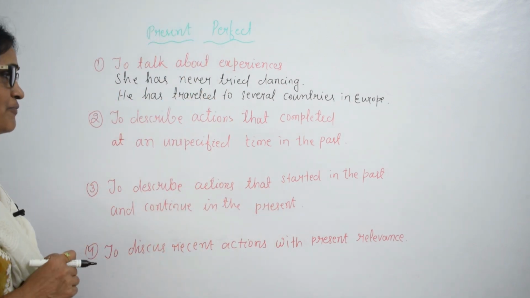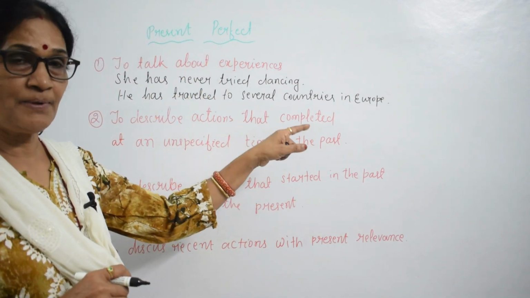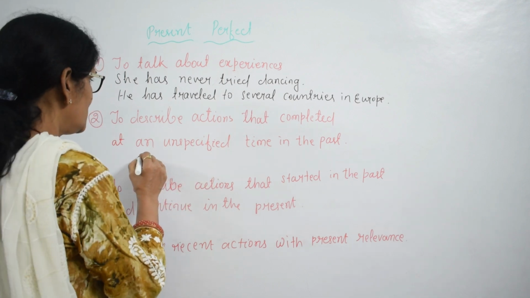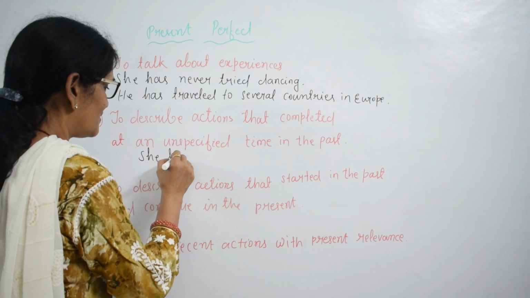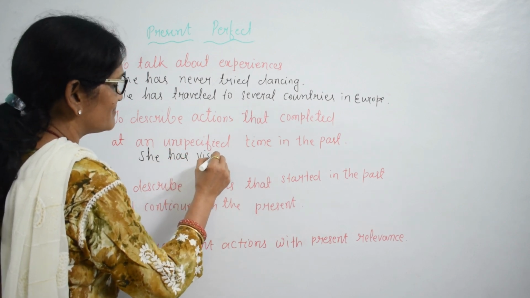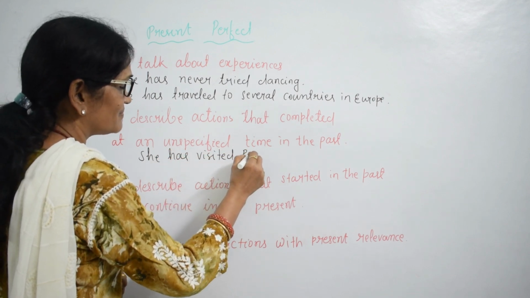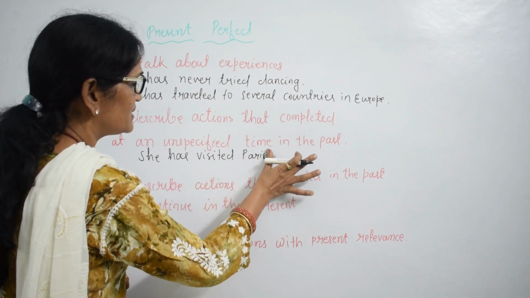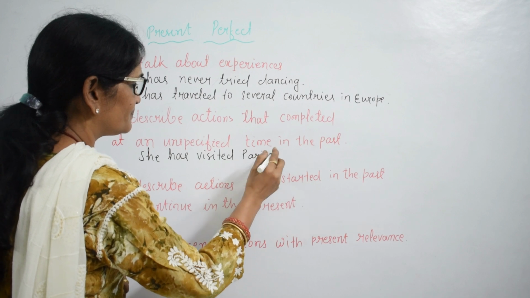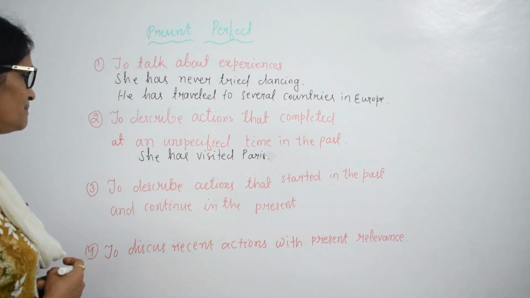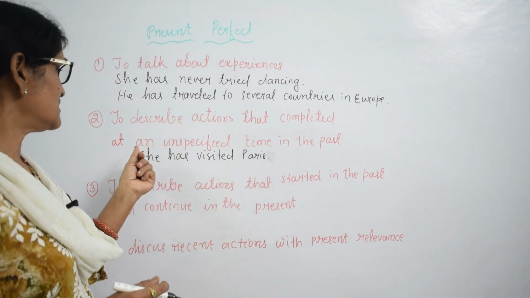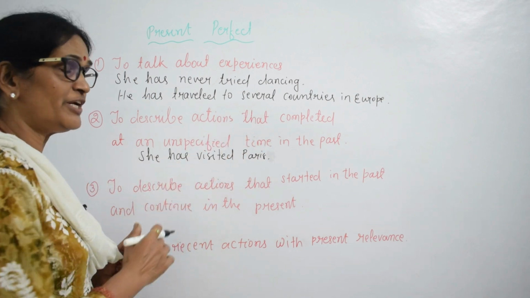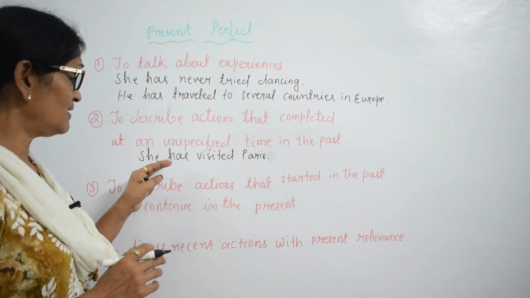Then we use present perfect to describe actions that completed at an unspecified time in the past. She has visited Paris. To describe actions that are completed at an unspecified time in the past, there is not any time mentioned, but something happened.